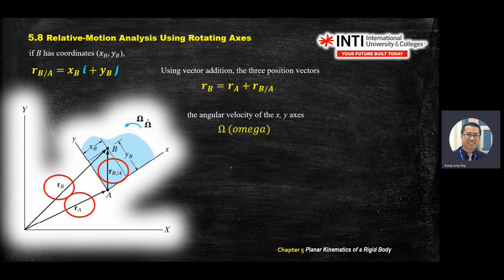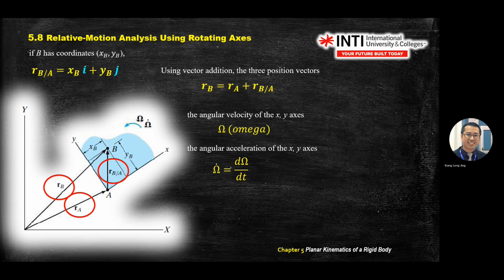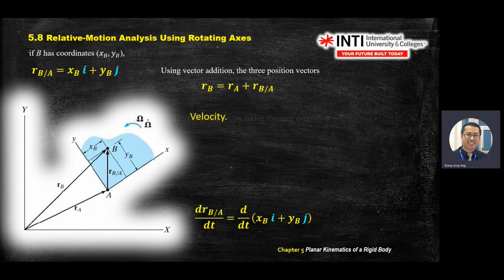We will introduce a new symbol, also called omega, but in a bell shape, and angular acceleration with the dot. So we have angular velocity in bell shape and angular acceleration in bell shape with the dot. When you see the bell shape of omega, it means you're referring to the axis motion. For velocity, again, you take the time derivative of RB, d/dt, and so on.